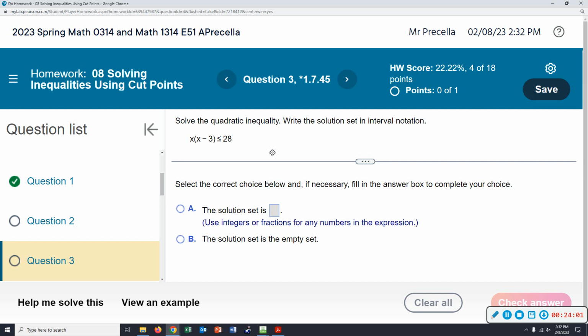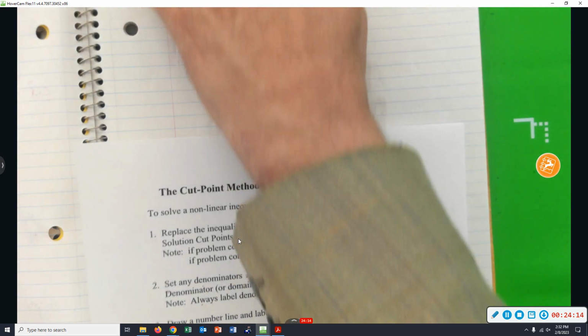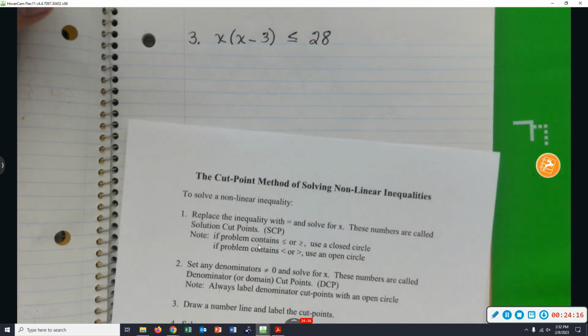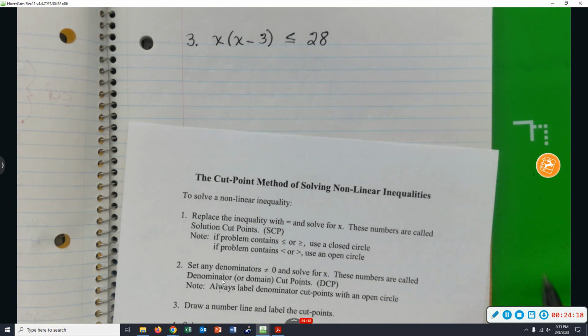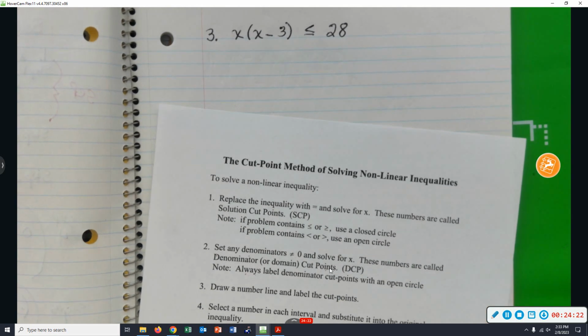And when I look at this number 3, as you look at those steps, did you write it down? You got it written down? X and X minus 3 is less than or equal to 28, yeah. As you look at that second step, remember the first example we did, we just skipped that second step.